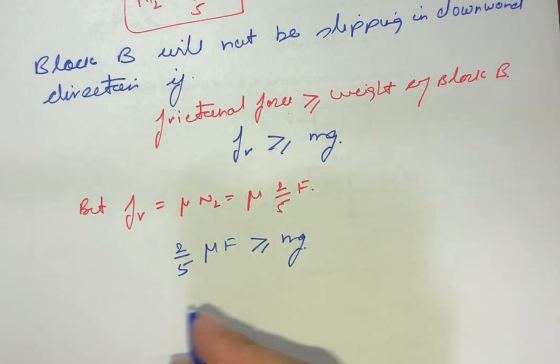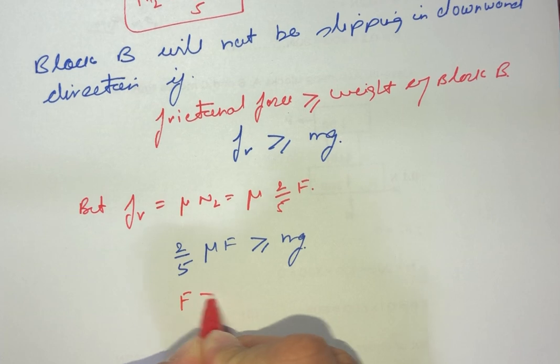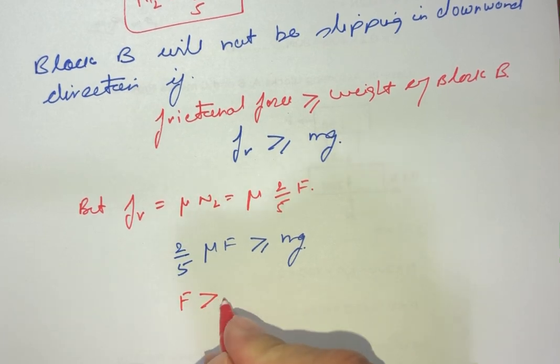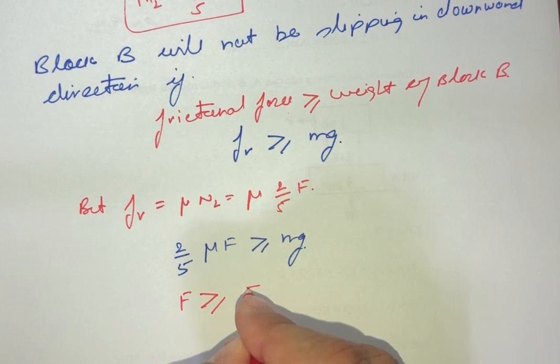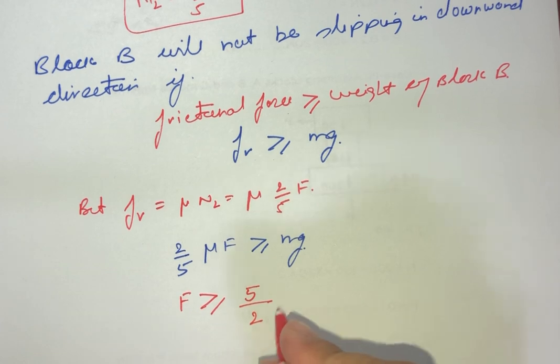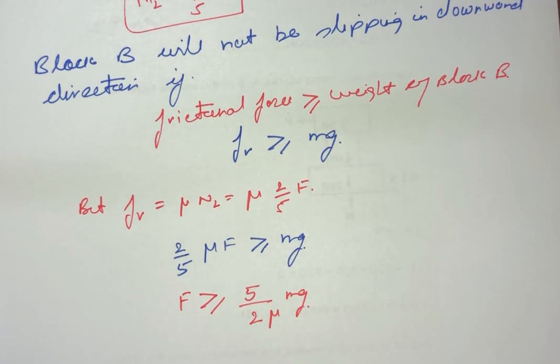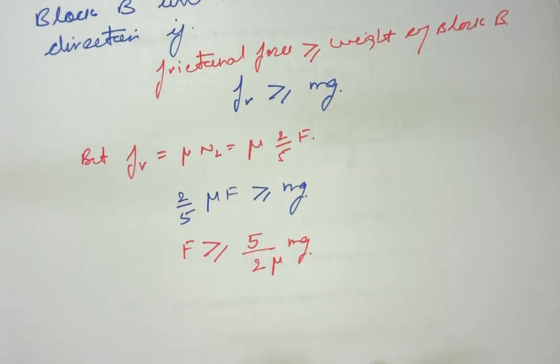From here F should be greater than or equal to 5 upon 2 mu mg. We are required to find the minimum value.